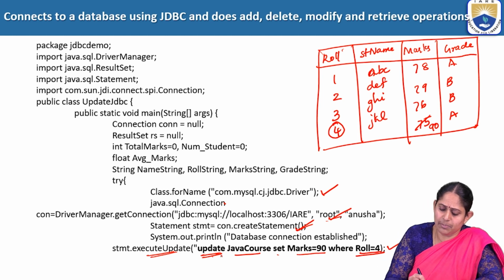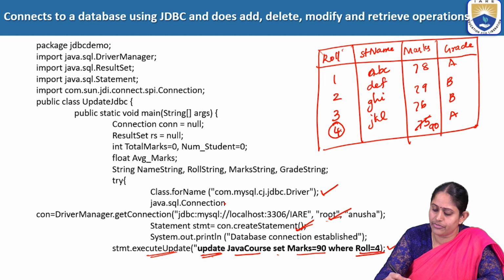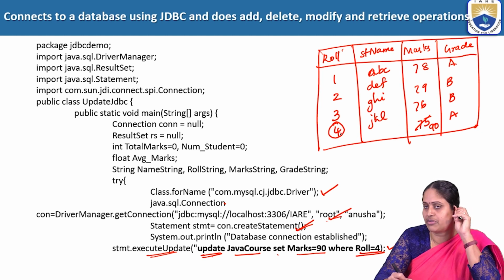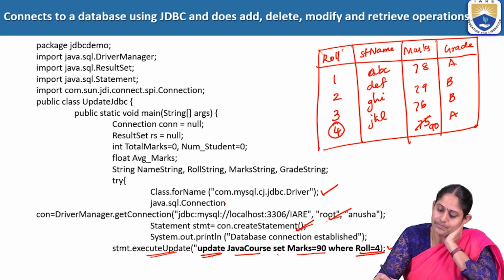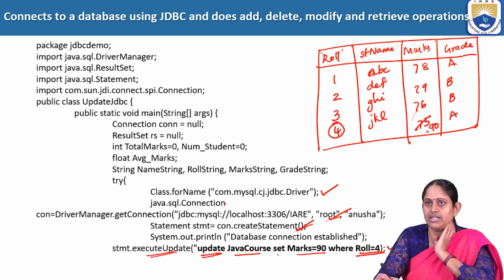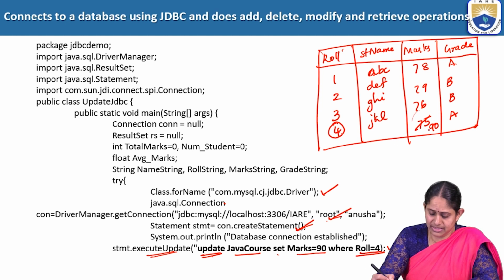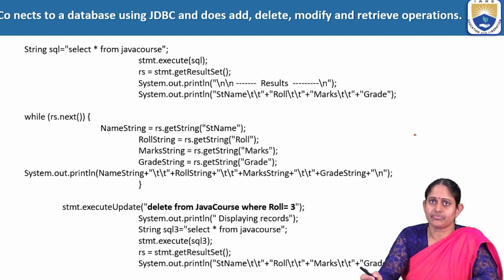So the update SQL query is executed to change the value of marks of roll number 4 to 90. So the value 75 will be overwritten to 90. That will be reflected onto the table.